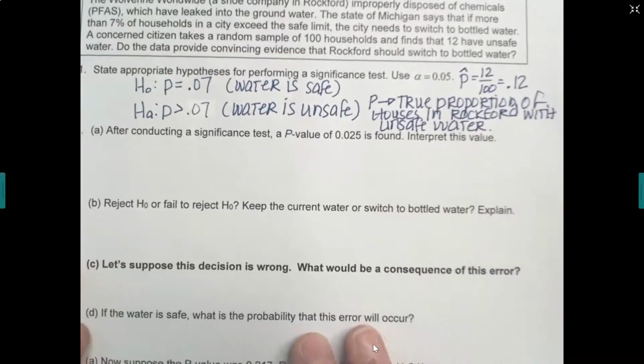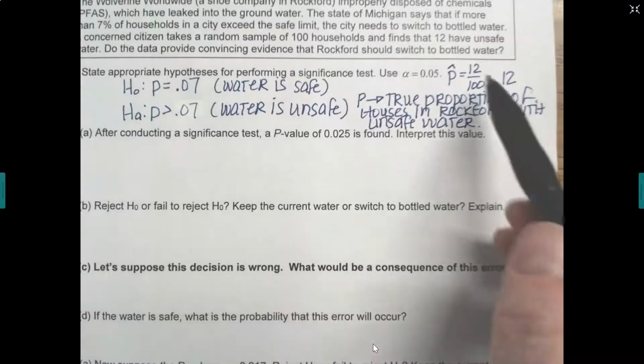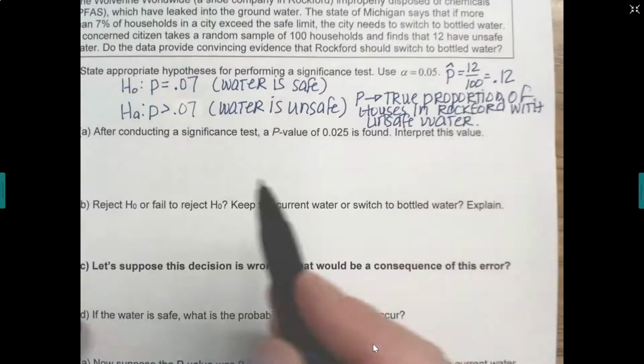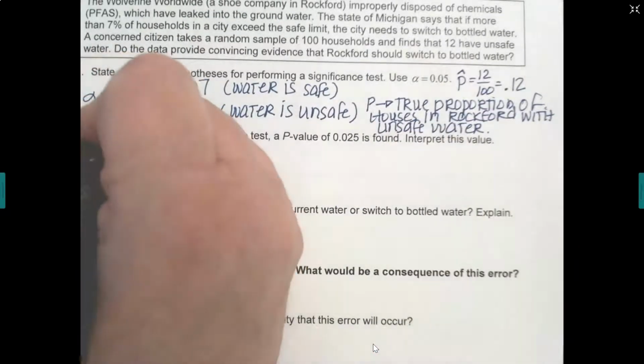All right, so we've written our hypotheses, we defined our parameter, we have our statistic, and it says it right there, but just get in the habit of writing your alpha also.